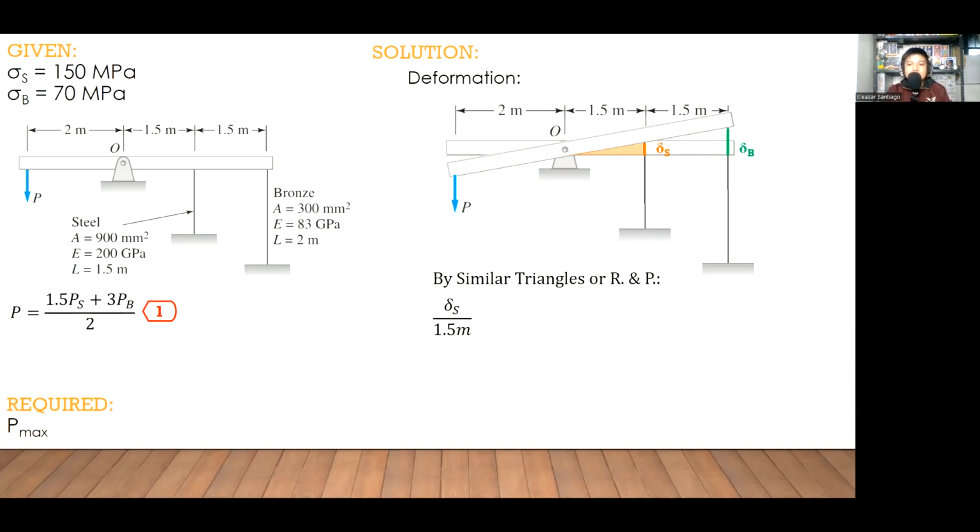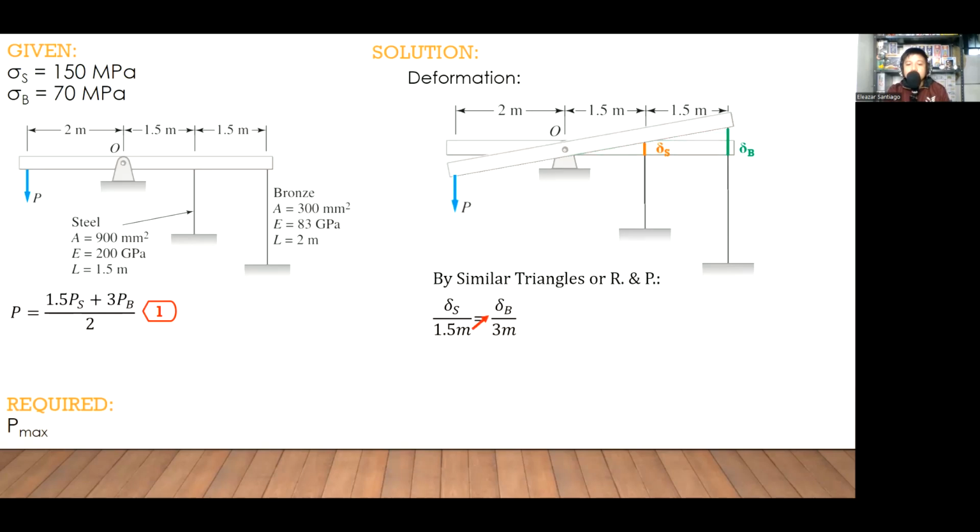On the other hand, for the next similar triangle, the green triangle for the case of the bronze, we consider the height, that is the deformation of the bronze, divided by the total base, which is twice of 1.5 or otherwise 3 meters.